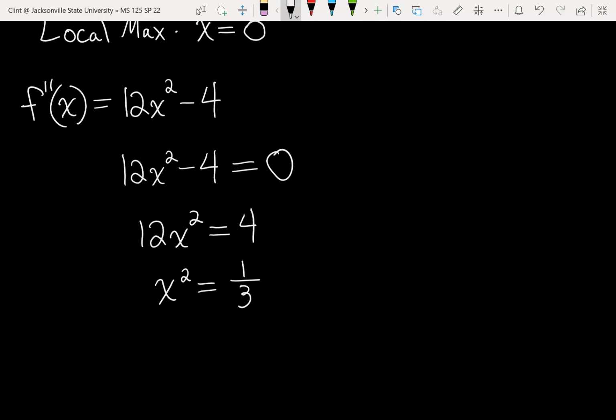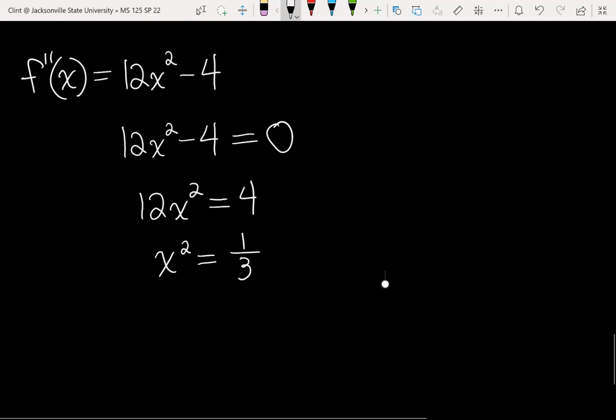Take the square root, I'm getting a little ugly here. When we do that, we have to remember plus or minus the square root of 1/3. If you wanted to rationalize that, you can, but you don't have to. Plus or minus square root of 3 over 3.